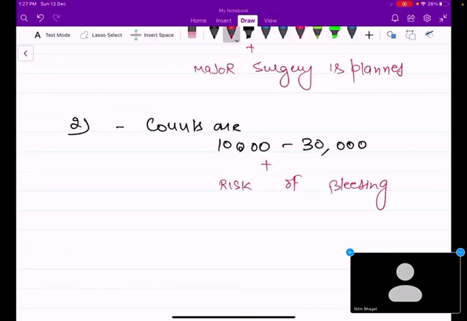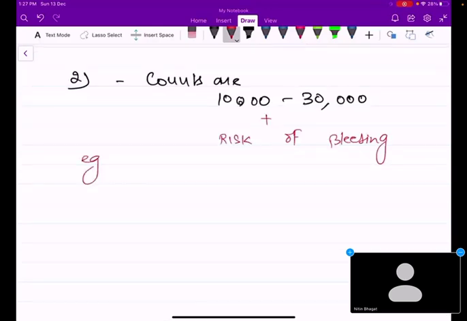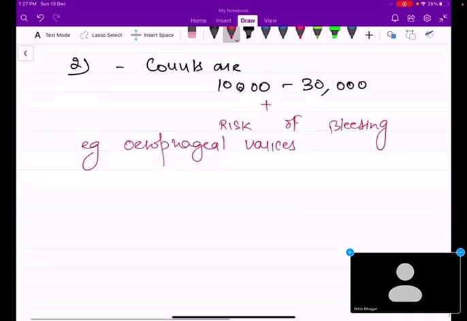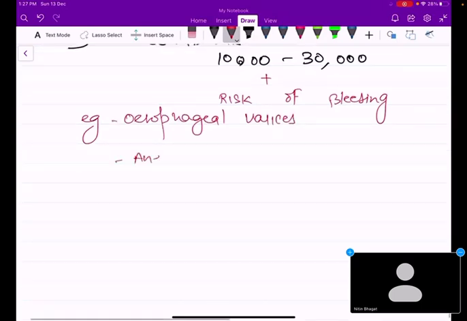Patient is an alcoholic, is vomiting blood, and on top of that has got dengue. So he can bleed anytime. For example, esophageal varices. For example, patient has an aneurysm inside the skull, inside the cranium, a brain aneurysm. That can rupture anytime.